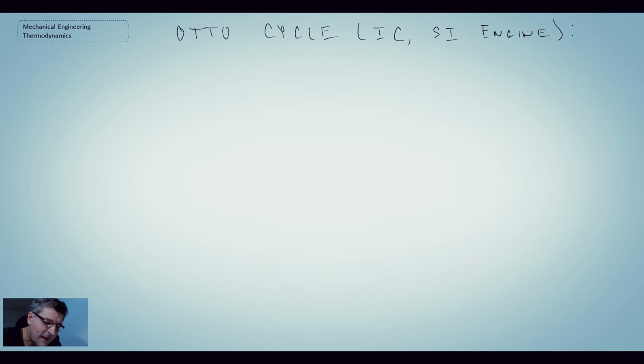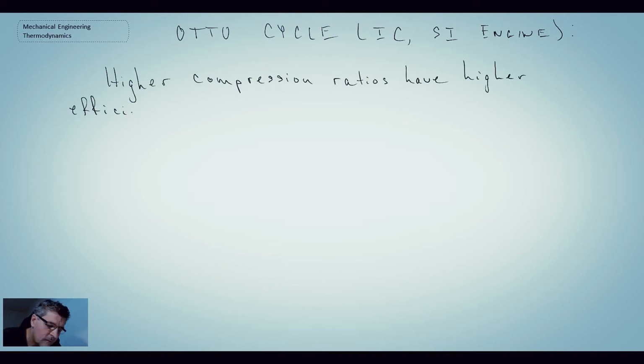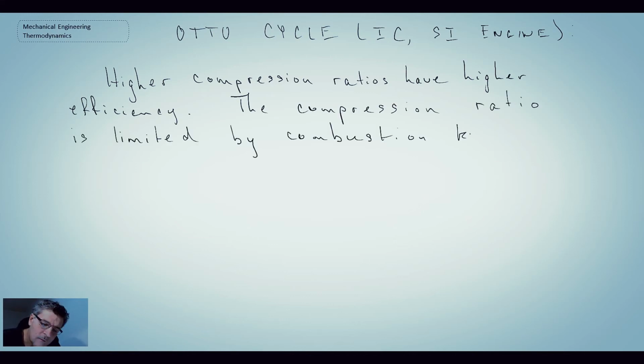The one thing that we can say about any kind of engine, when we look at our thermal efficiency, is that you naturally think that if you go to higher compression ratios, you will have higher thermal efficiency. And I should make a comment about that. So a theory would tell us that the higher the compression ratio is, the higher the thermal efficiency is.